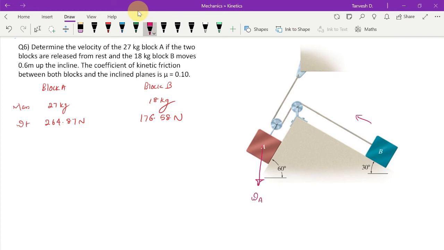This is WA. This component and this component we need to know. So this is WA cos theta, which is 60, and this is WA sin theta. So this is WA sin 60, WA cos 60. I will write here the sin component and the cos component of both.